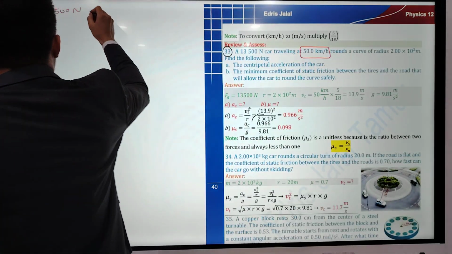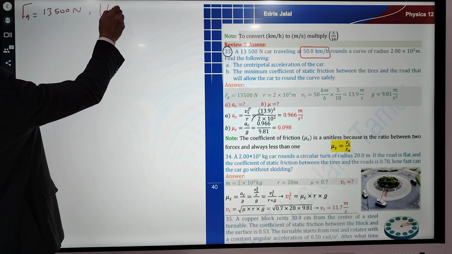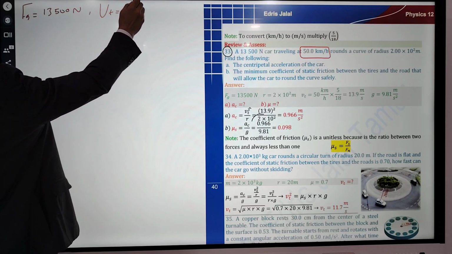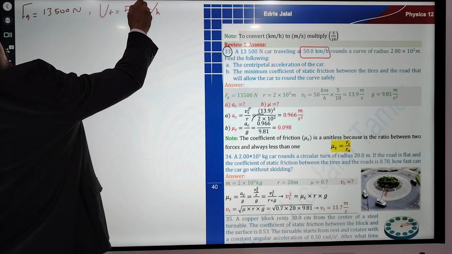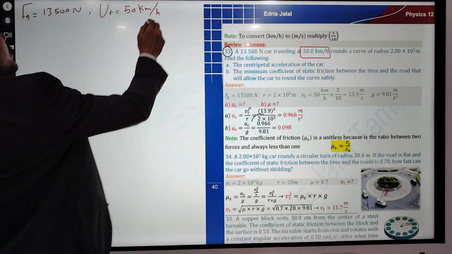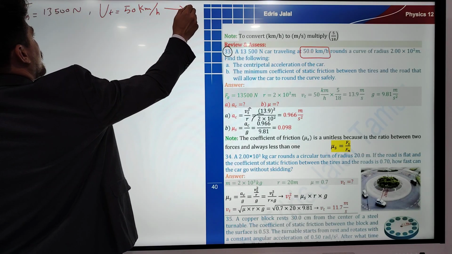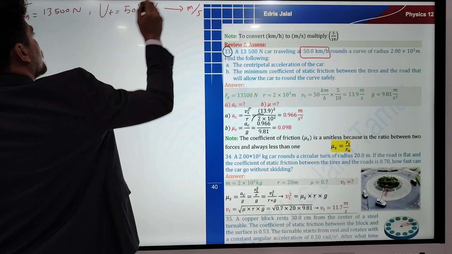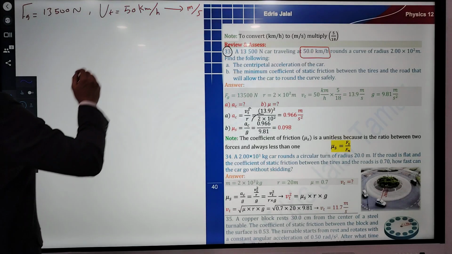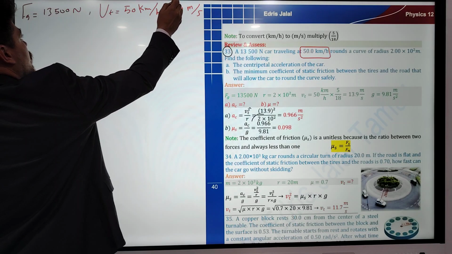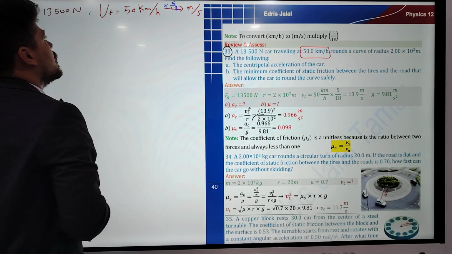What is this? This is the tangential speed, which is given in kilometer per hour. Is it possible to solve with kilometer per hour? No. So that is why you have to convert to meter per second. How can you convert? Multiply by 5/18.